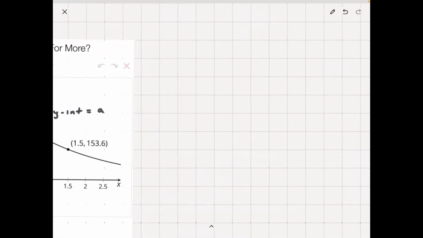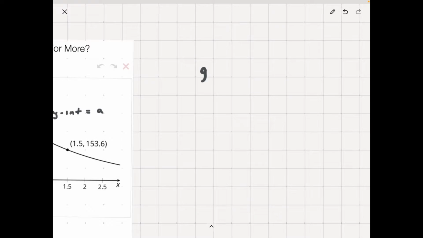So what does this mean for us? This means that in our function, g of x equals 300 times b to the x power, they gave us 2 points. If I plug in 1.5 for x, I get 153.6.